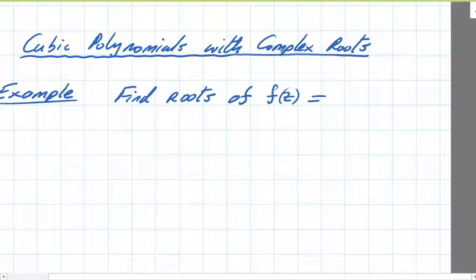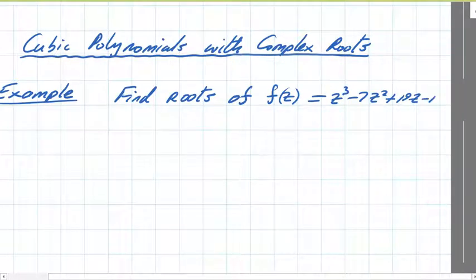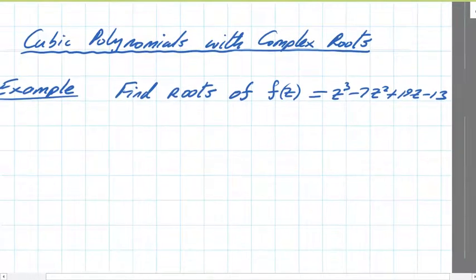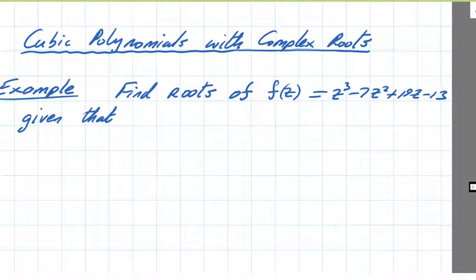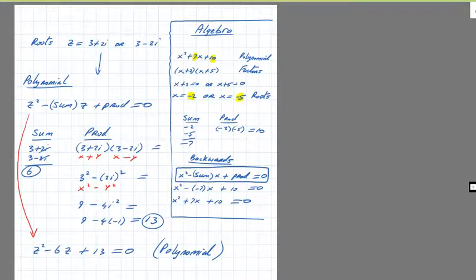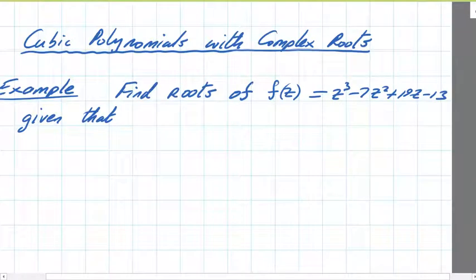So this function is z cubed minus 7z squared plus 19z minus 13. So find the roots of that. Now, given that, we'll give you one of the roots. So for example, one of the roots would be, actually this ties in with the last one, 3 plus 2i is one root.